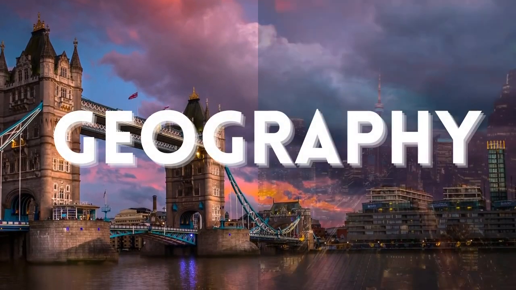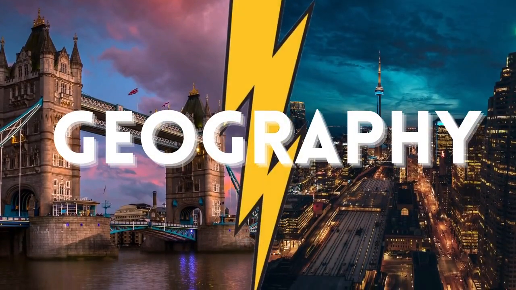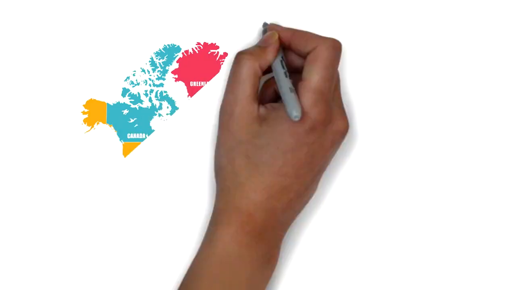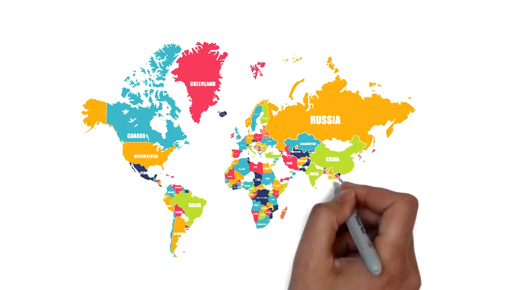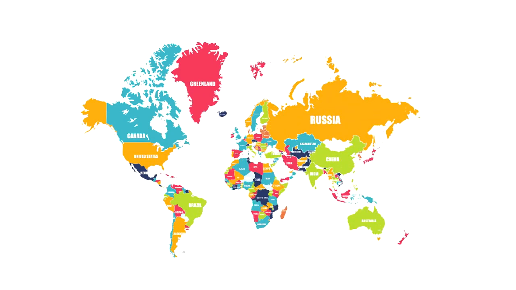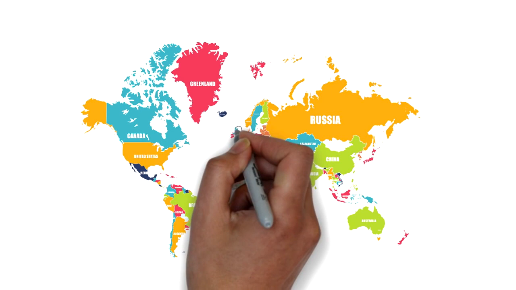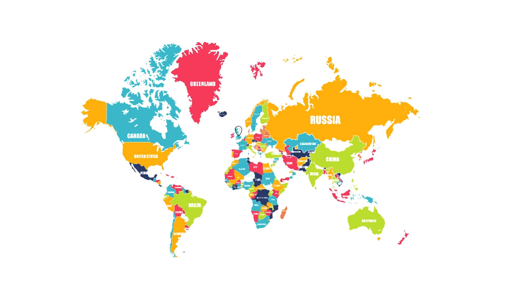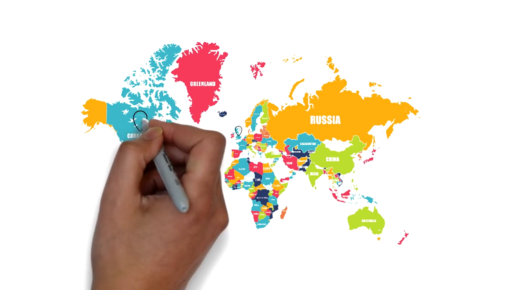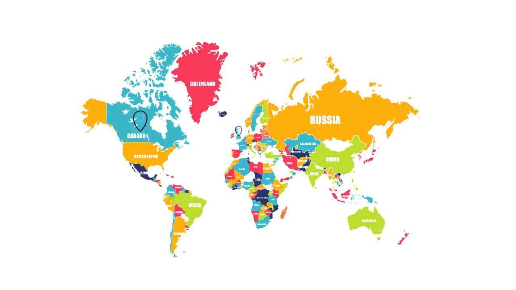Alright, so let's start with the geography. We are not going to discuss this in too much detail, but we're going to discuss the key points so this video remains interesting. So this is the world map and UK is located over there and you see Canada over here. Clearly you see that UK is very small in comparison to Canada.